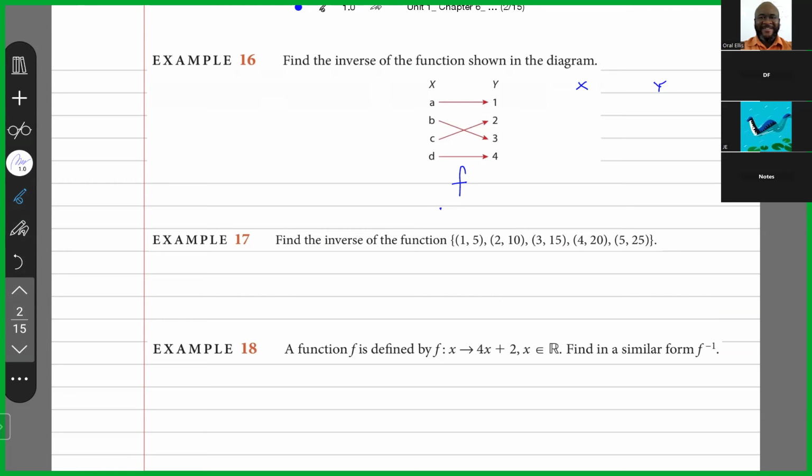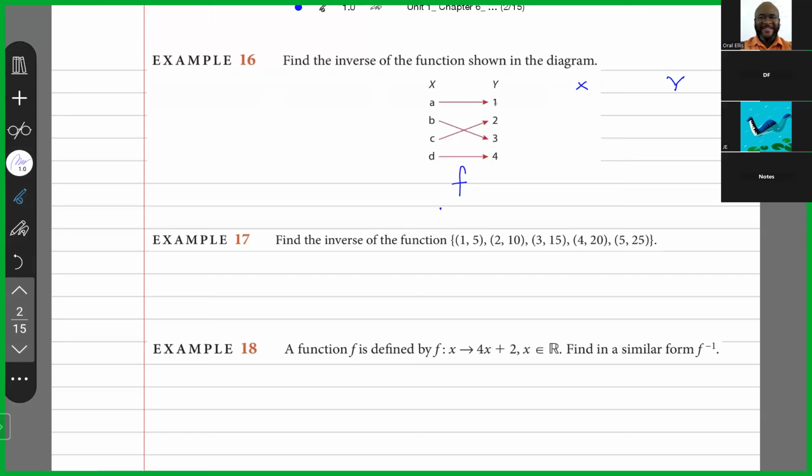Now, let me just say it for everybody to get it once and for all. When you're asked to find the inverse of a function, technically, you're being asked to interchange the domain and the range values. So the range of f is going to become the domain of f inverse.